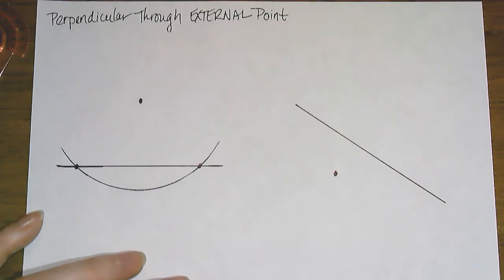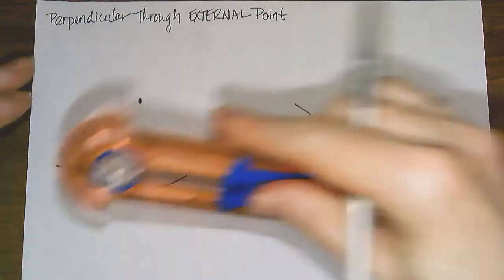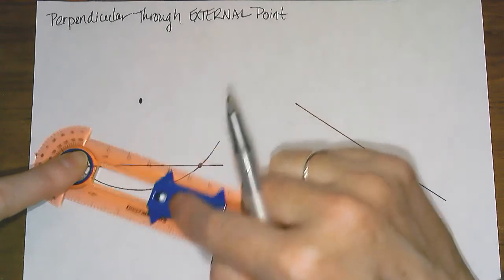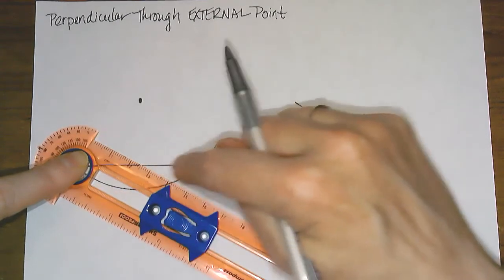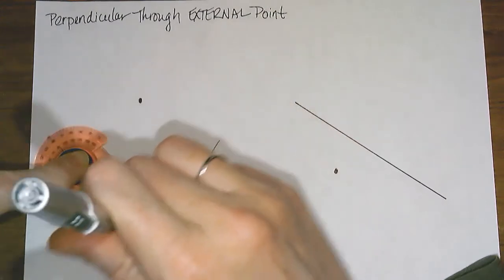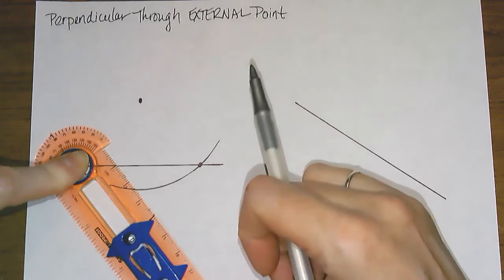And then we're just going to run exactly the same steps that we did for perpendicular bisector at the beginning of this video. So set your compass at one endpoint. Set the width of your compass so it's past the halfway point, so maybe somewhere in here. We're going to draw an arc down here. Again, you could draw a great big arc all the way top and bottom if you wanted.